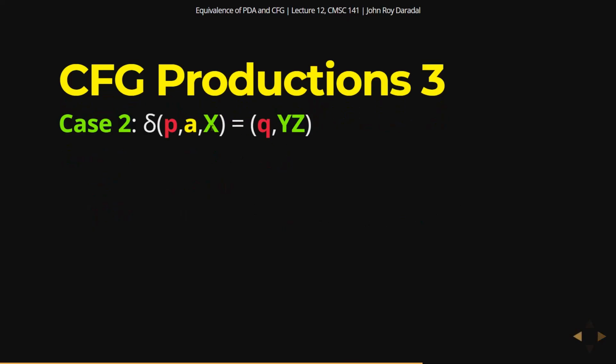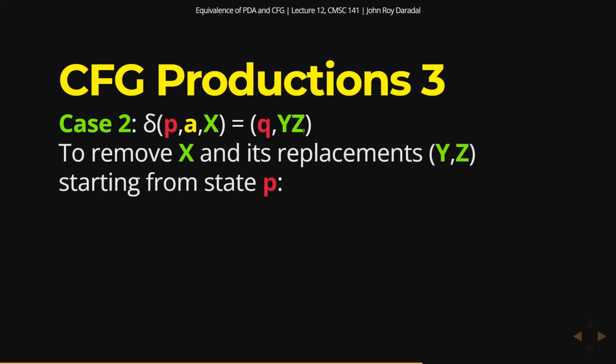How about if it's X to Y and Z? What will happen now? To remove X and its replacements, Y and Z, starting from state P, what will we do? We will have to start at P, right?